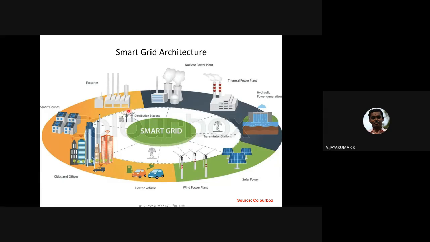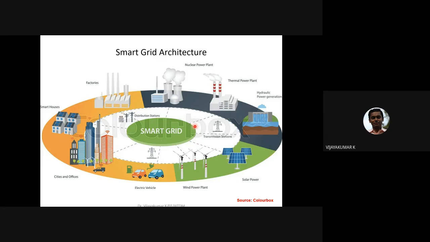Here in the distribution, we have the primary distribution and secondary distribution. The primary distribution is connected to your industries. Industries require higher voltage, so the primary distribution goes to the industries, and the secondary distribution goes to the homes, buildings and cities.